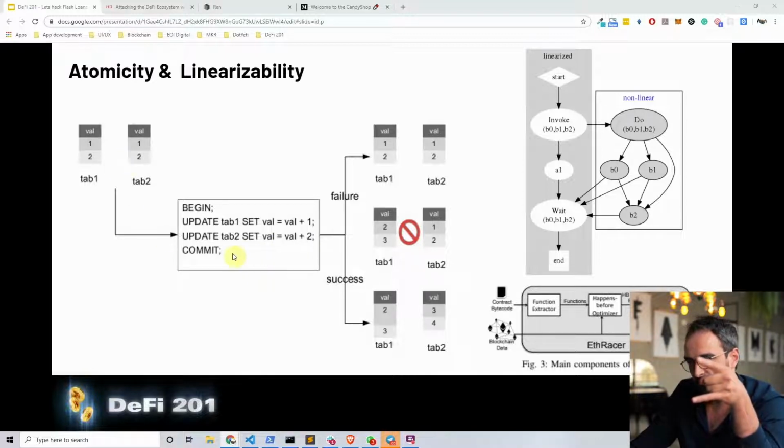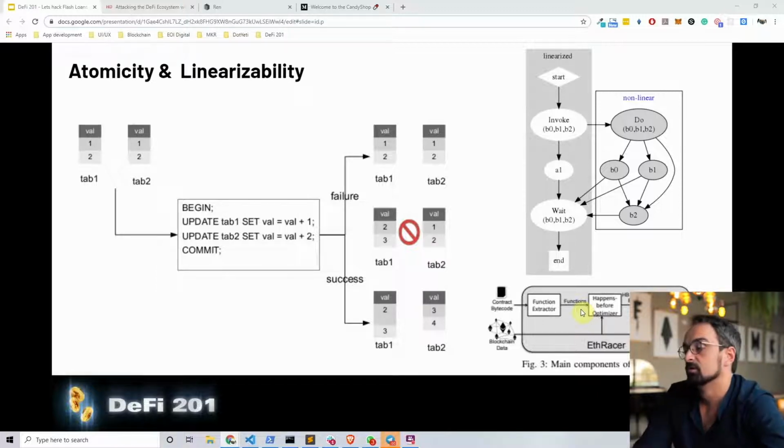So what happens then here? Plus 1 means that it should be 2 and 3, and tab 2 should be 3 and 4. If it is not that case, then it fails or it succeeds. That's the only outcome. It either fails or it succeeds.